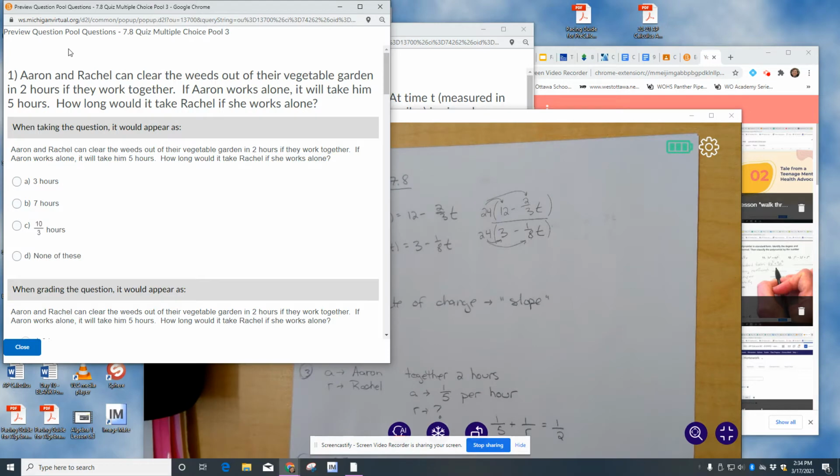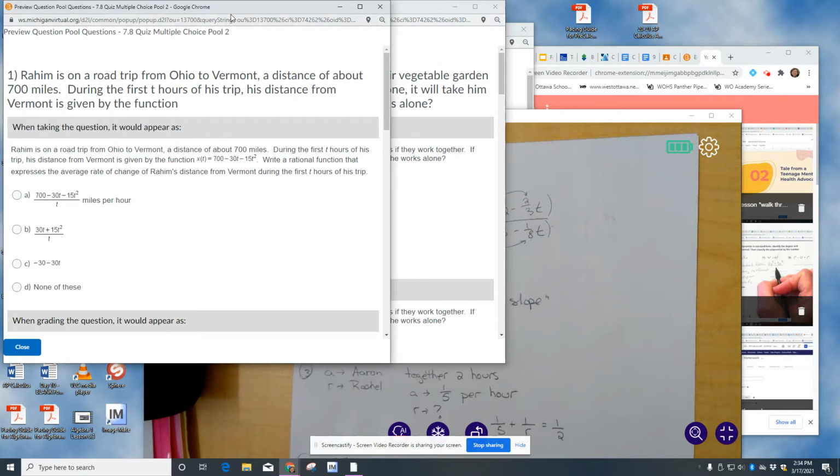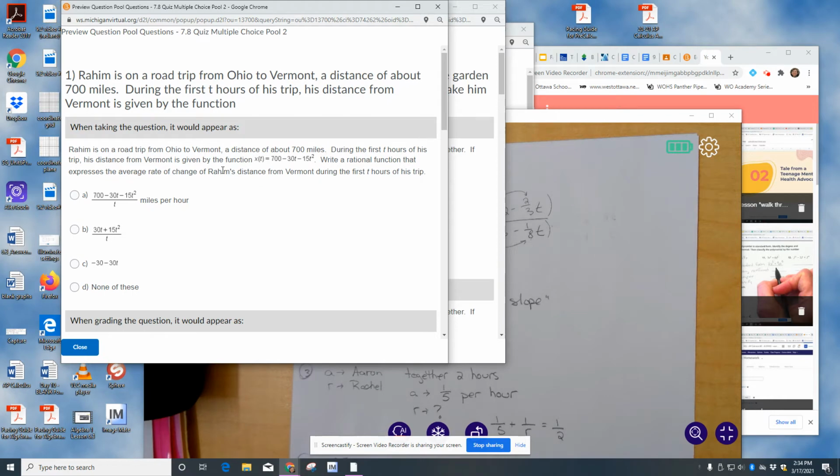All right, your next question, I think this is the next one. No, well, we'll jump down to, let's see. Here's the next one. So this one says, Rahim is on a road trip from Ohio to Vermont, a distance of about 700 miles. During the first T hours of his trip, his distance from Vermont is given by this function.